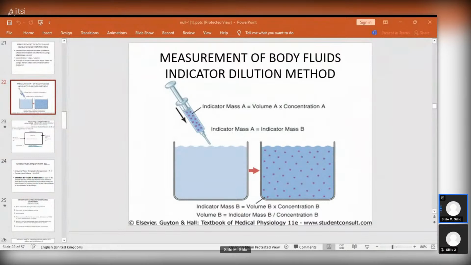So you use the mass of the dye and the new concentration to calculate the new volume that has been made as a result of combination of A and B. So you plug in your previous mass of the dye and the new concentration, and then you're going to get the volume of this fluid that is in here. How do we apply that to the body? Next slide.